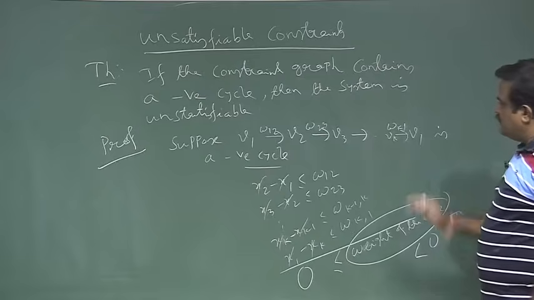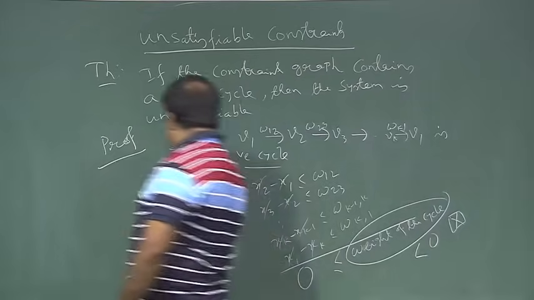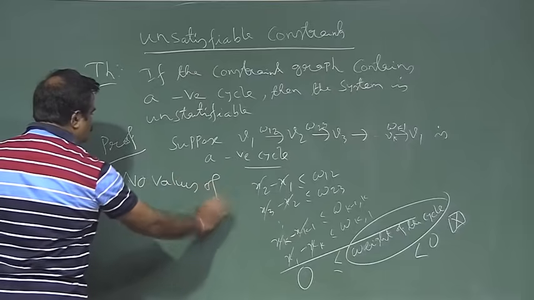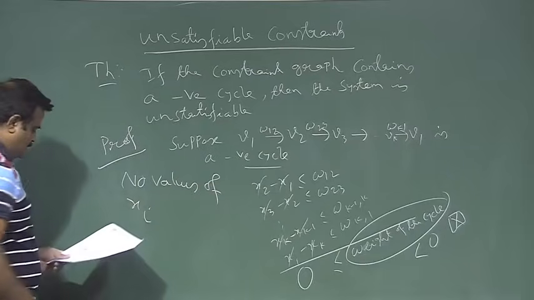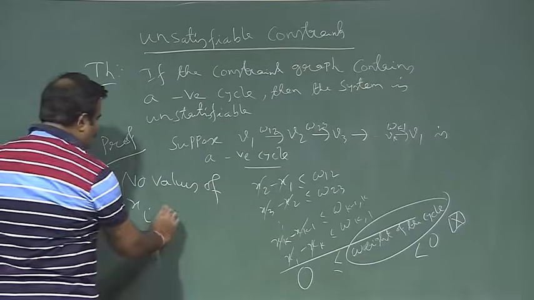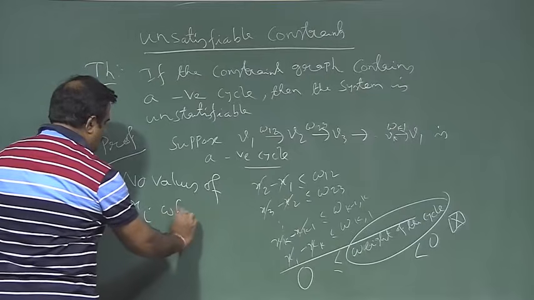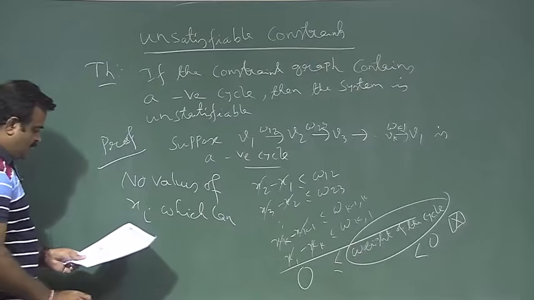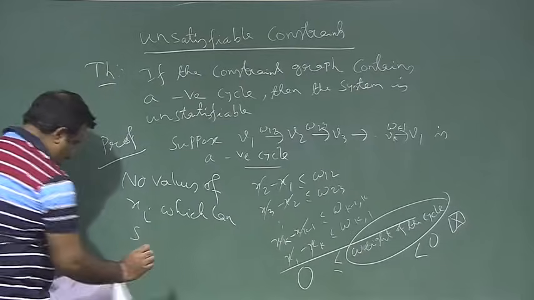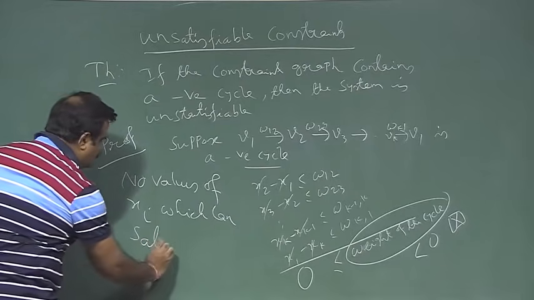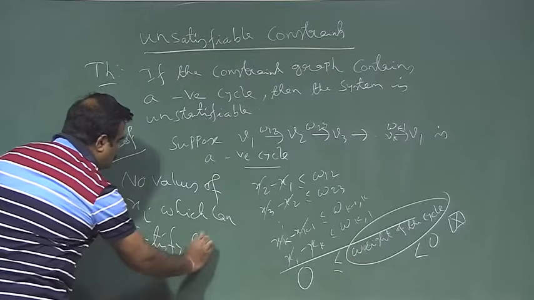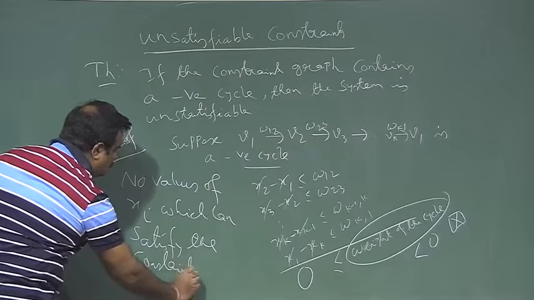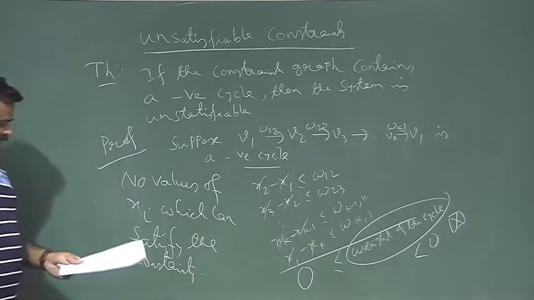So there are no values of xi which can satisfy the constraints.